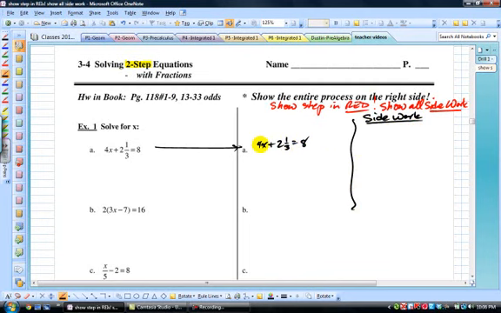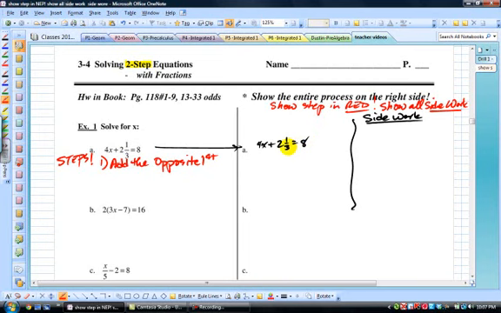Now this involves two operations, 4 times x and then plus 2 and 1/3. And what we're going to do is we're always going to add the opposite first. Okay? Add the opposite first. So I see plus 2 and 1/3 here. I'm going to add the opposite of that, which is negative 2 and 1/3 to both sides.